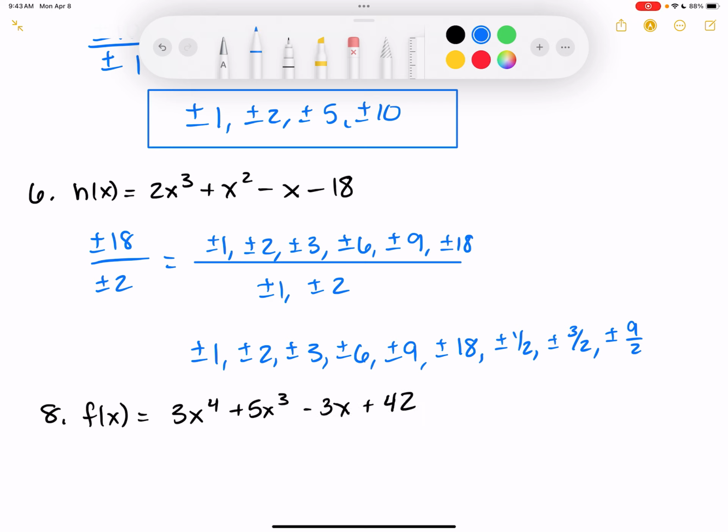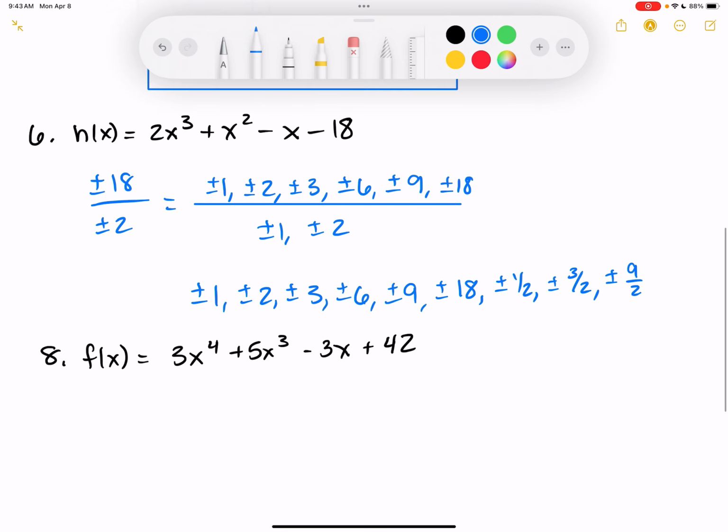So what's my top number? 42. And what's the bottom number? 3. All right. This time I'm going to have y'all tell me what the factors are. So what are factors of 42?